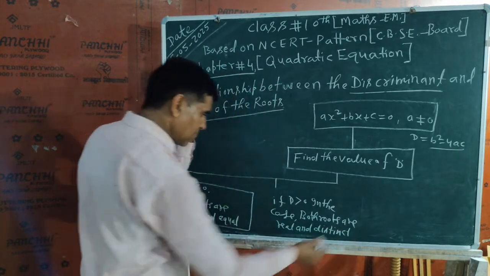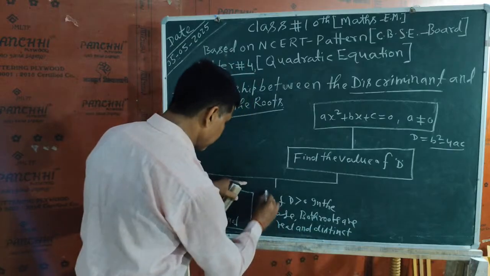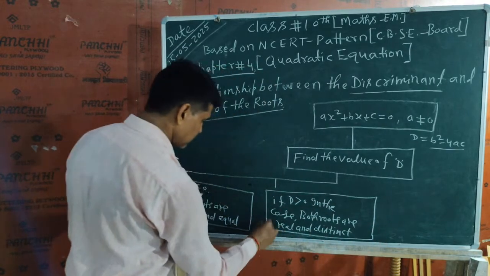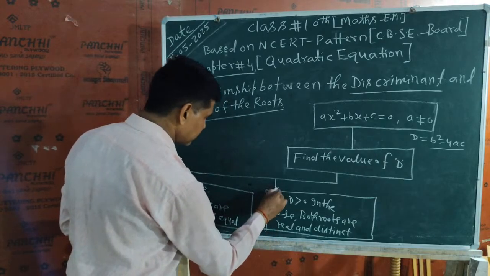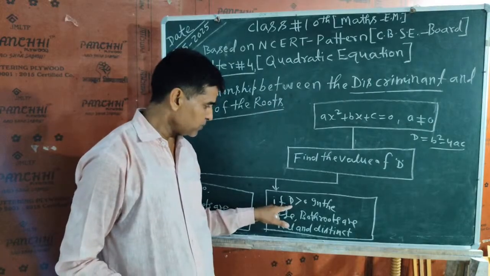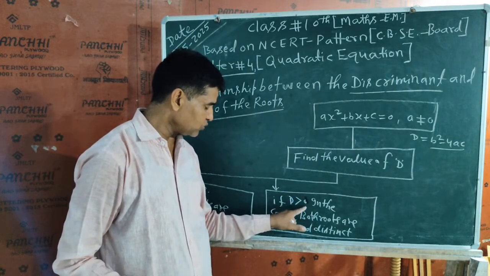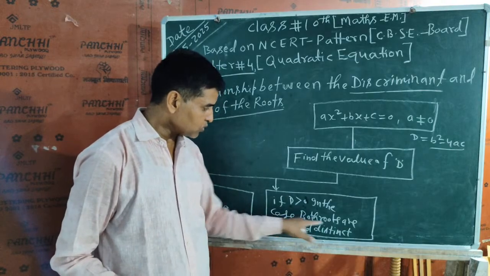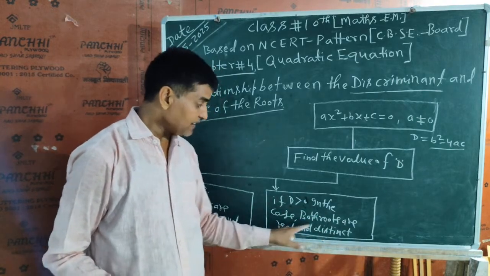This is step number 2. If I calculate the value of D and it is greater than 0, in this case I will say both roots are real and distinct.